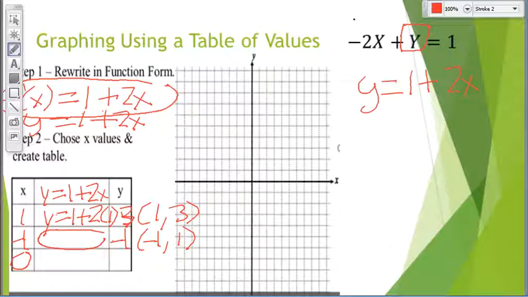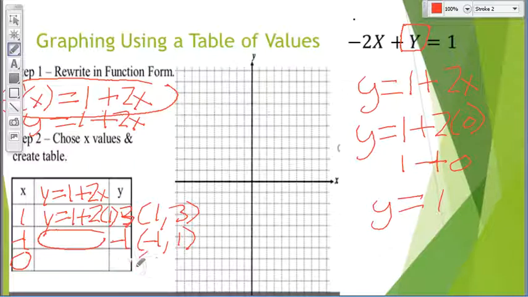It can be anything that you want, and then the y is just dependent on whatever you pick for x. So this time we picked 0 for x, and 2 times 0 is 0. 0 plus 1 is 1. So when we pick 0 for x, our y is 1.